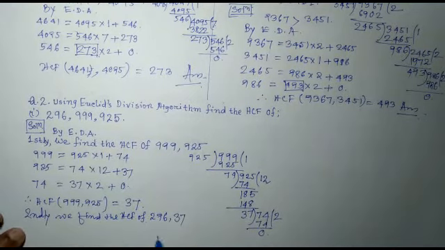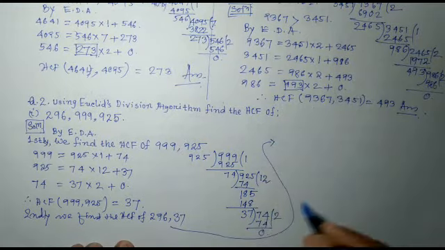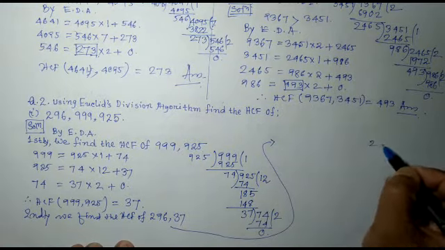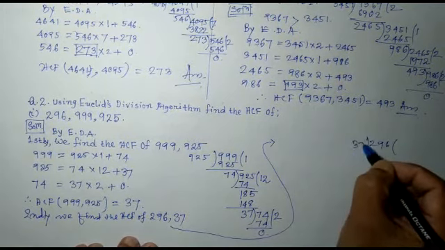So we will divide the bigger number 296 by the smaller number 37. Let us do the work here. Taking this 296 divided by 37.